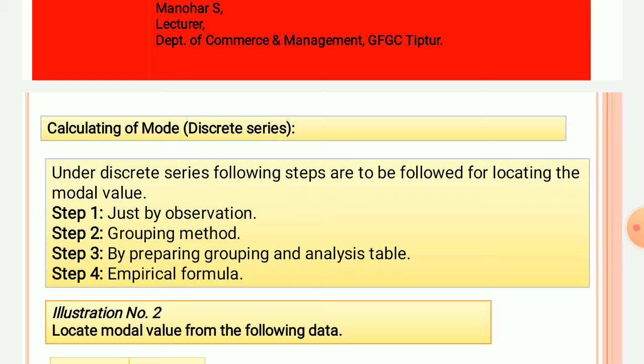Step two, grouping method. Step three, by preparing grouping and analysis table. And step four, empirical formula. These are the four methods by which we are going to locate the modal value for discrete series as well as the continuous series.